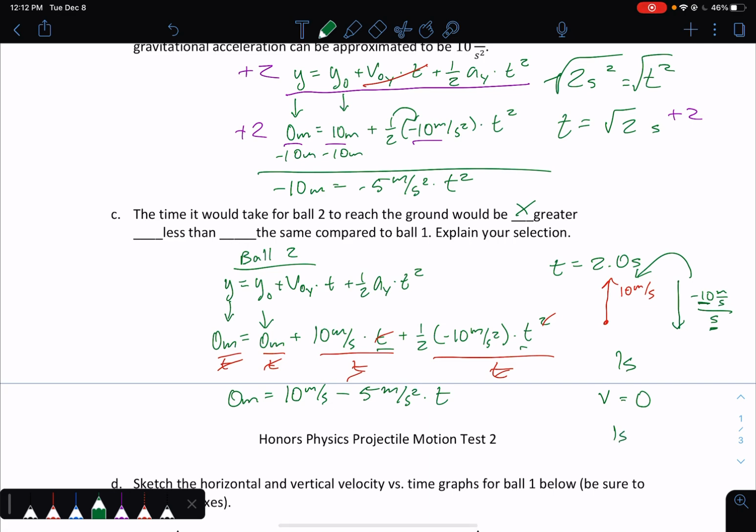Which means another second later, your velocity is going to be back to negative 10 meters per second, and you're going to be back down to the ground. So if it took you 1 second to get up, it'll take you 1 second to get down, 2 seconds, and that's got to be bigger than square root 2. So there's a couple of ways to think about that. But the point breakdown, +2 for selecting greater, and then +2 for a correct explanation.